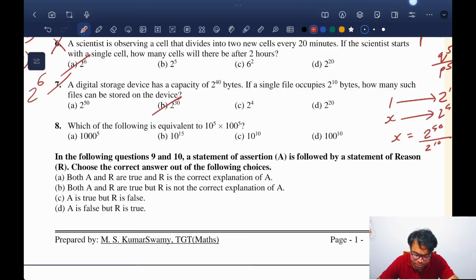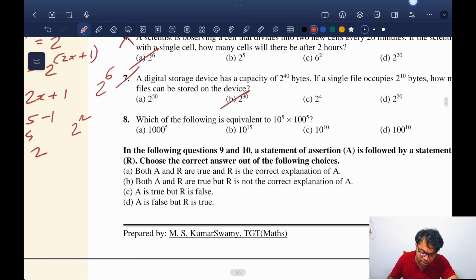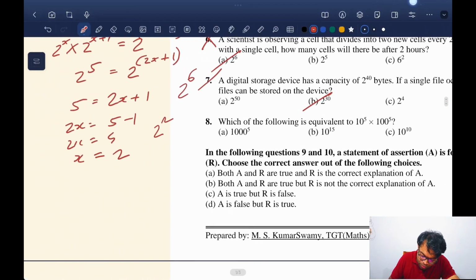Which of the following is equivalent to 10 to the power 5 multiplied by 100 to the power 5? So I think तुमने इसमें मिस्टेक किया होगा. What did you do? 10 to the power of 5 multiplied by 100 to the power of 5 को कैसे लिख सकते हैं हम लोग? 10 square the whole to the power of 5. समझ में आया?